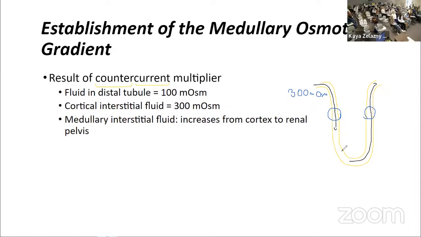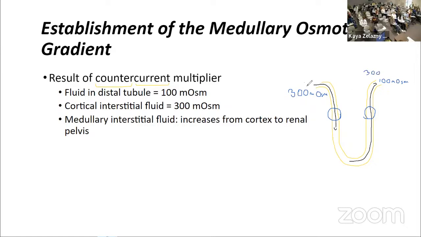But by the time we exit our loop of Henle, we're going to end up with fluid in the distal tubule that is lower in osmolarity than the cortex. Okay. All right. So when we're in the distal tubule, we're going to be down to fluid that's at 100 milliosmoles, still surrounded by tissue that's at 300.